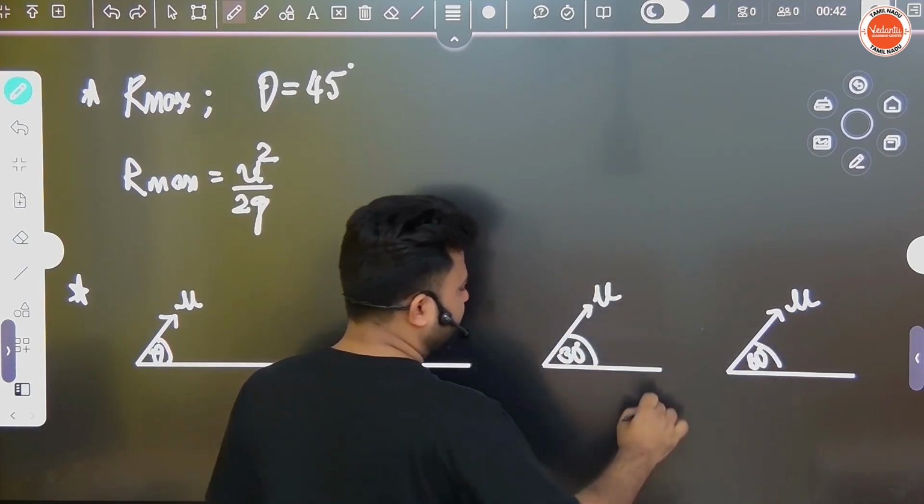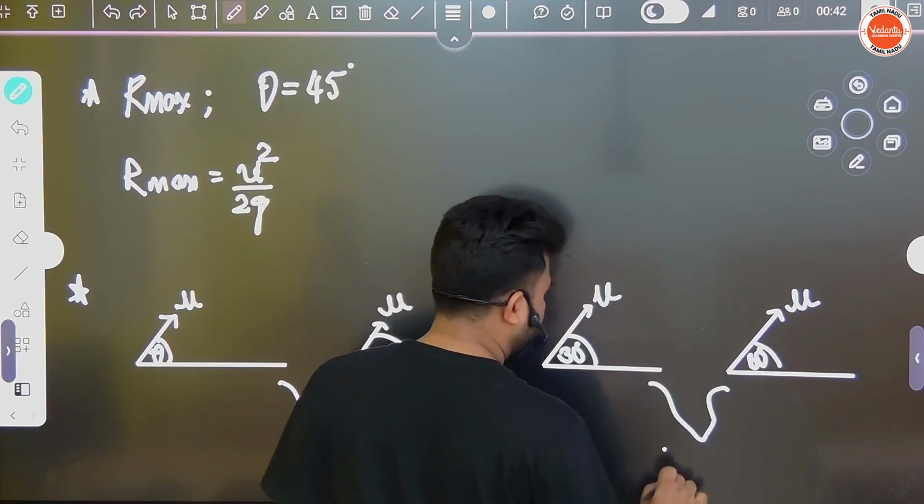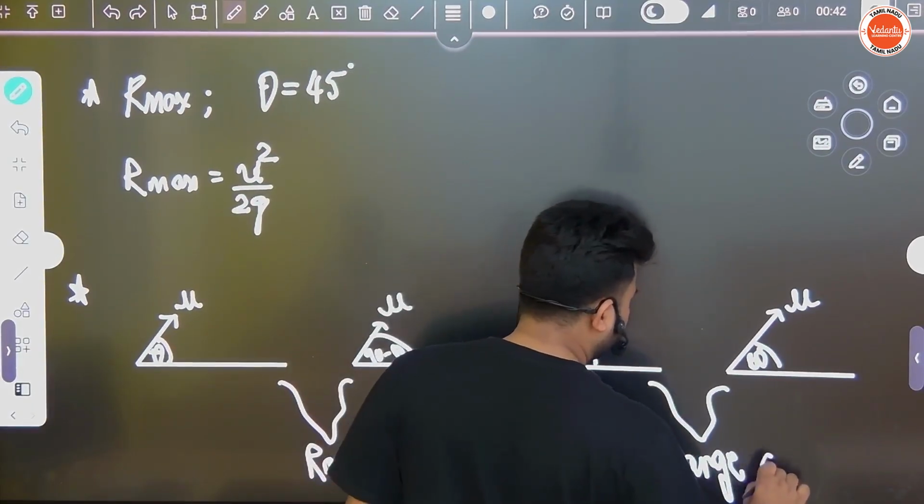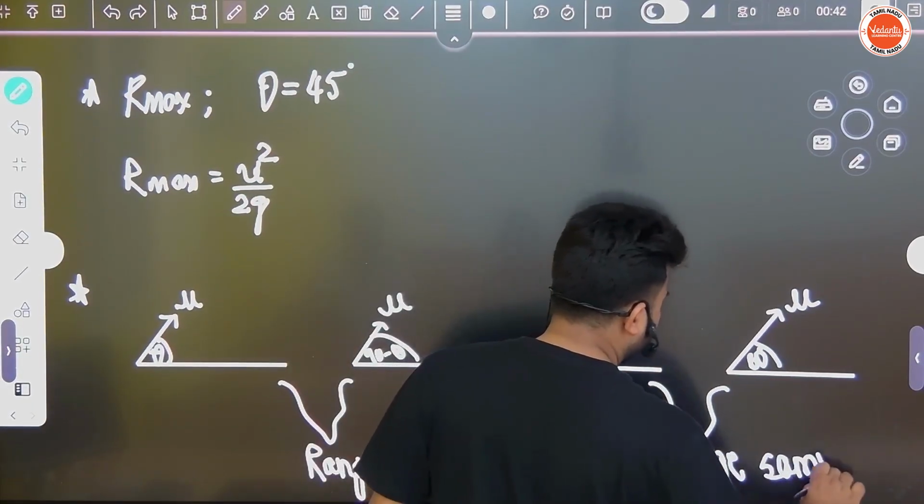In this case and this case, in both these cases, range will be same. You will get same range. Very important point.